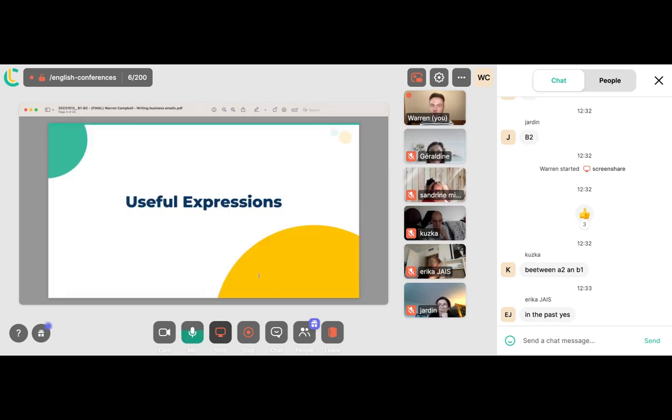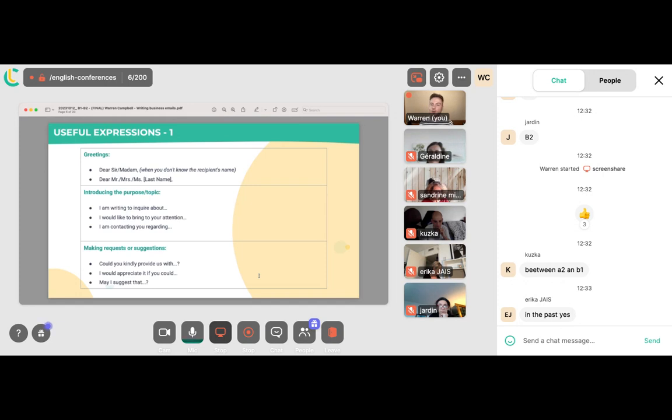Now we're going to dive into useful expressions one can use when putting together a formal email. Part 1, greetings, okay? Dear sir or madam, I'm sure you've all seen this one before, okay? When you don't know the recipient's name. Dear Mr., dear Mrs., dear Miss, last name as well, okay?